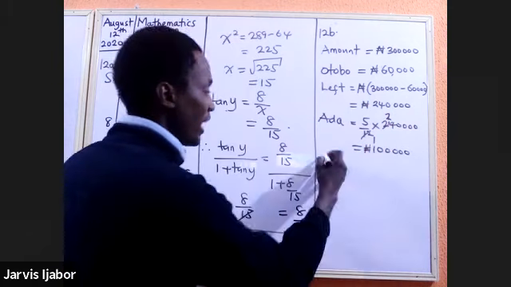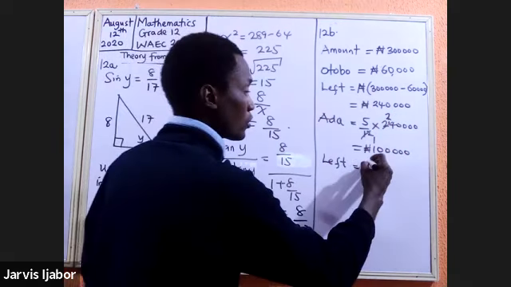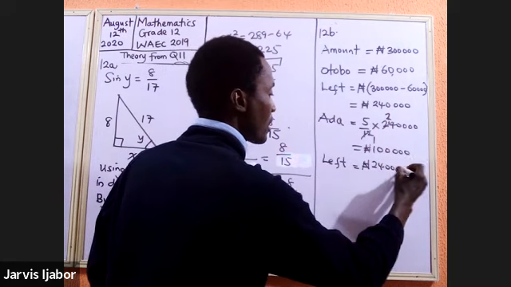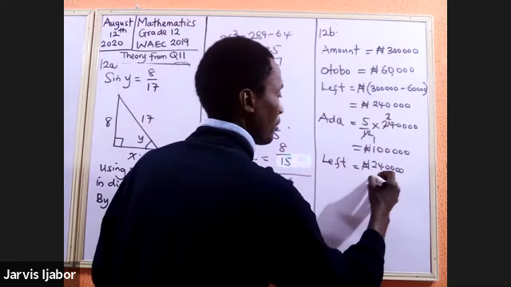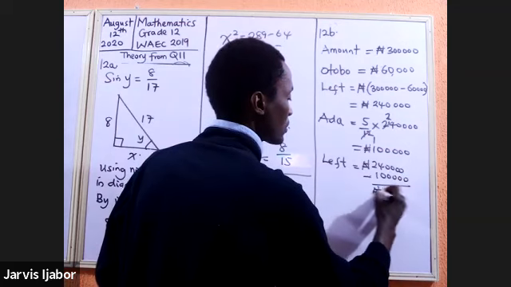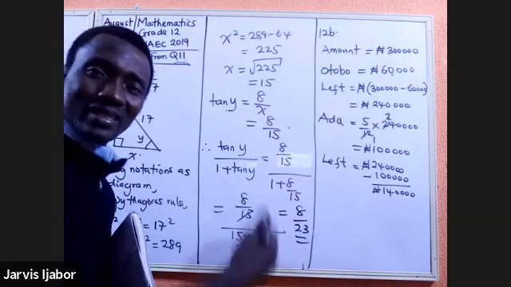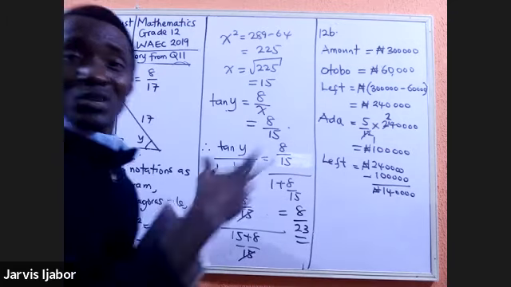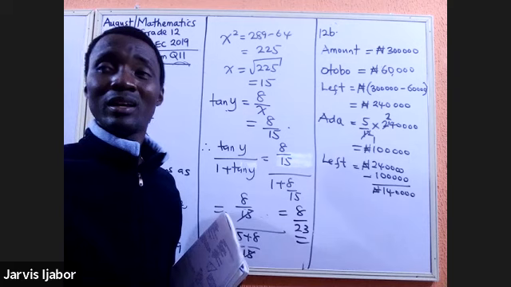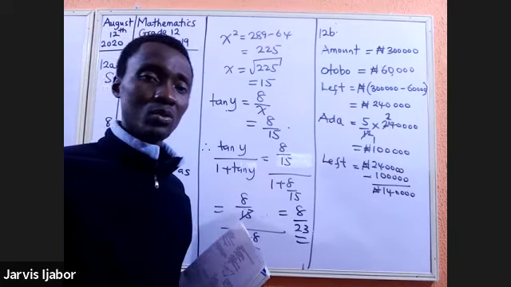So what is left at this stage will be 240 minus 100, and that will be 140,000. See what I'm doing? I'm taking them as the issues are coming because it's more like semi-German. You'll be given marks for doing your work well.